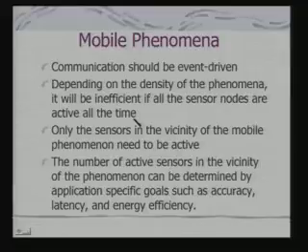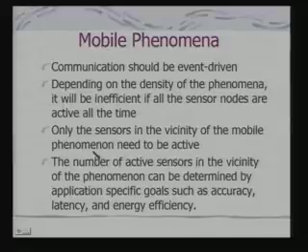Just consider a forest where you have put in these sensors all around. It is not necessary for all the sensors to be actively monitoring. It is necessary only for those sensors which have just got the triggering event, and that triggering event may trigger other sensors in a synchronized fashion. So, only the sensors in the vicinity of the mobile phenomena need to be active.